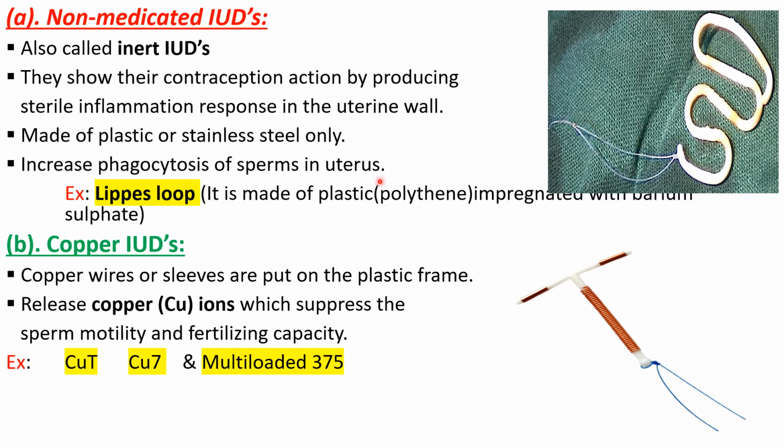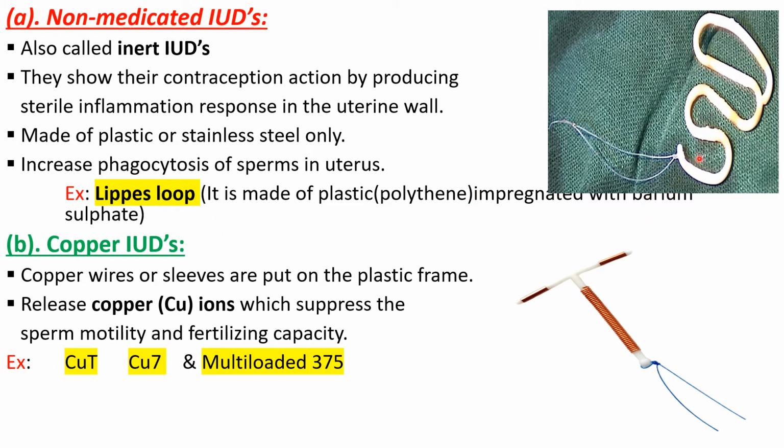entered inside the uterus. The example for non-medicated IUDs is the Lippes loop. In this picture, it is very clearly appearing: this is the Lippes loop, which is inserted into the uterus of the female. The Lippes loop is made of plastic, I mean polythene, and it contains barium sulfate also.